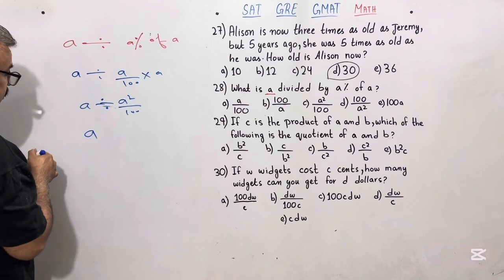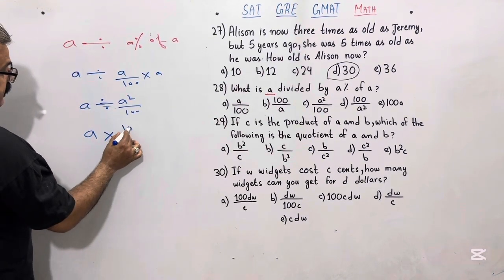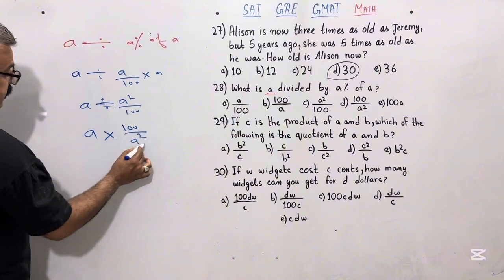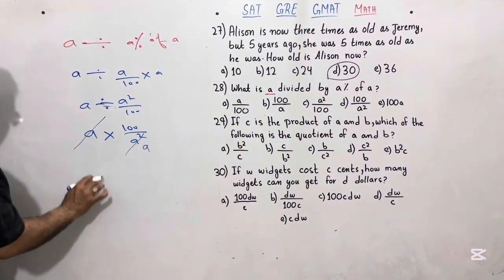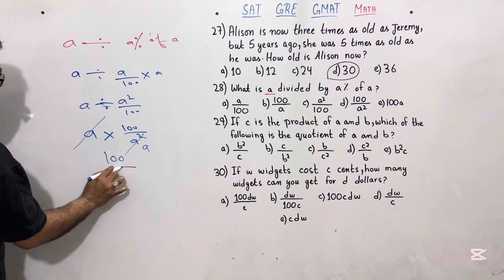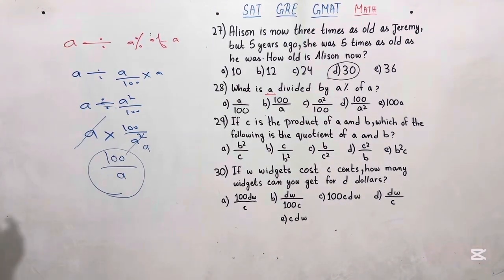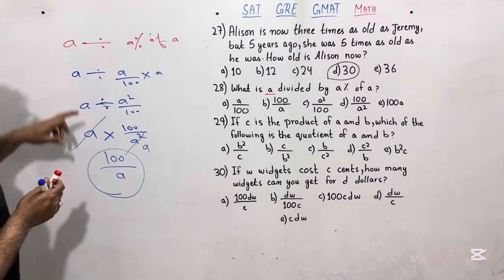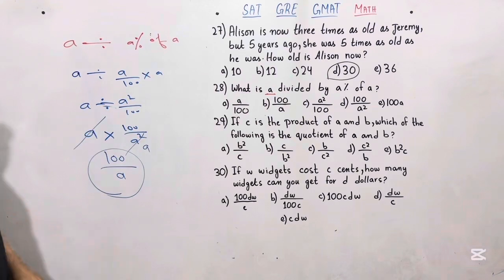Turning division into multiplication for calculation purposes, we have A times 100 over A squared. Cancelling A from A squared, we have 100 divided by A. That is the net result.